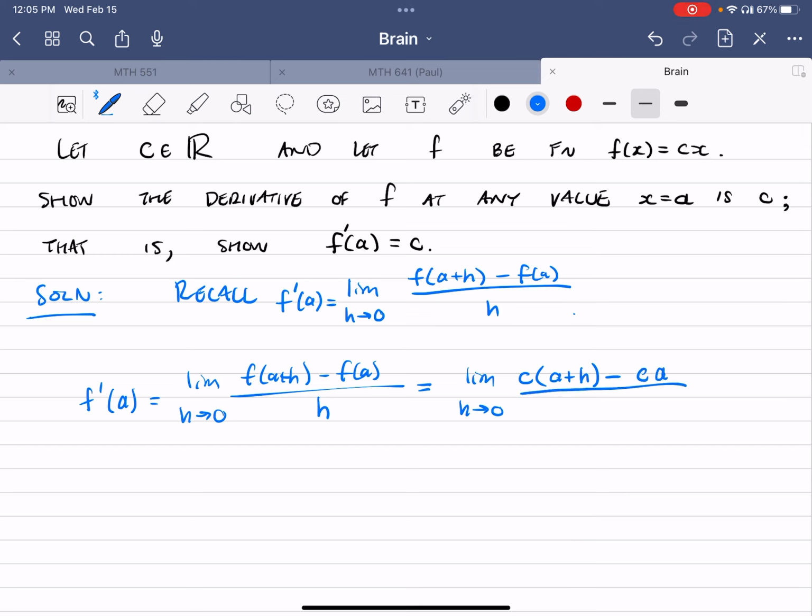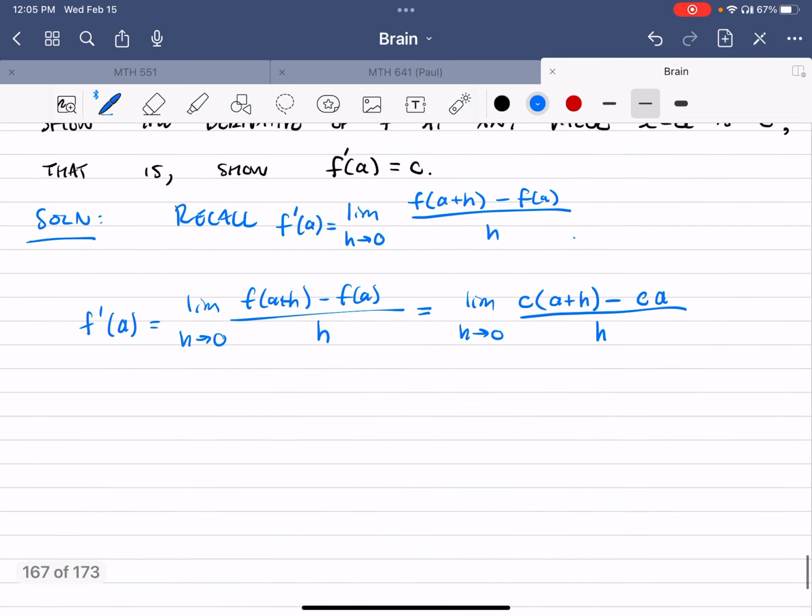We're just going to plug in a and divide by h. All right, now let's simplify this more. This will be ca plus c times h, right? We can distribute this c through, minus ca divided by h.